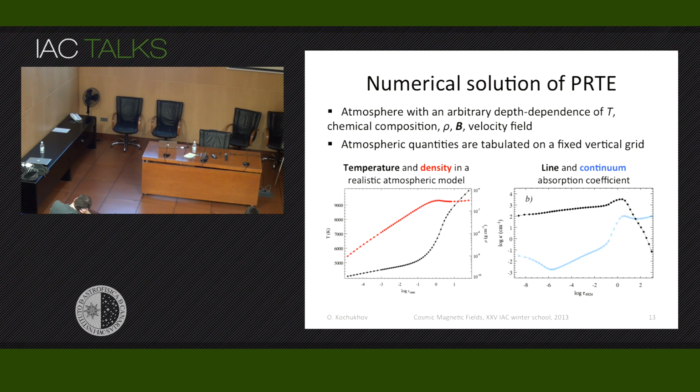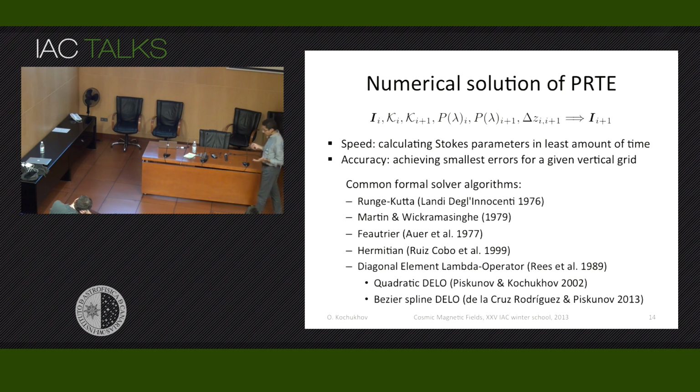And then for this atmosphere, we compute line and continuum absorption coefficients. So this is illustrated here. Line is black, continuum is blue. And then, essentially, what is the solution, numerical solution of polarized radiative transfer equation? Is a numerical algorithm that allows us to solve this set of coupled differential equations.